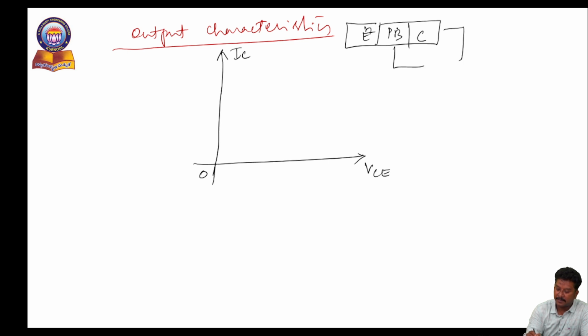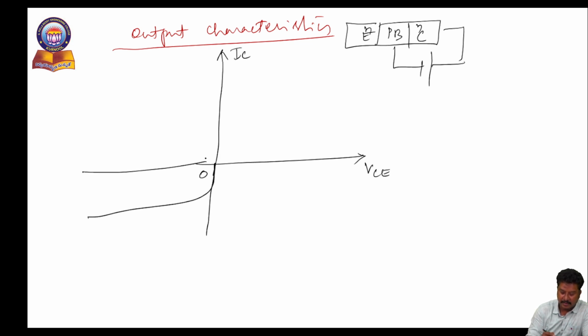If it is an NPN transistor, this is reverse bias. Reverse bias characteristics, what we are achieving actually inside the diode, will be like this. So we are trying to shift this quadrant to the positive quadrant, and in reverse bias, both currents are in negative only. So according to our convenience, we are trying to shift this fourth quadrant into second quadrant, third quadrant into second quadrant, and it will be like this.